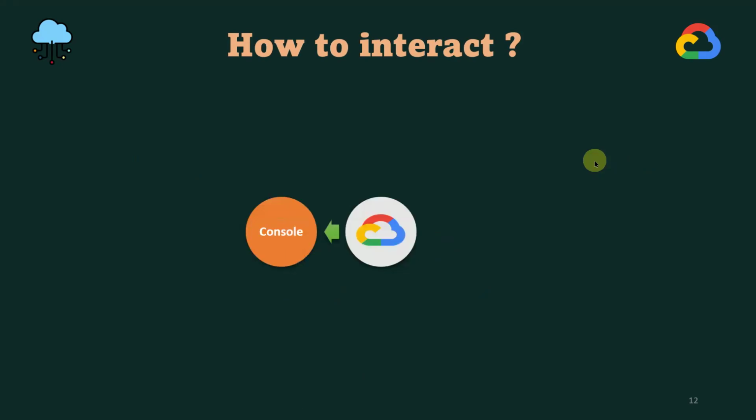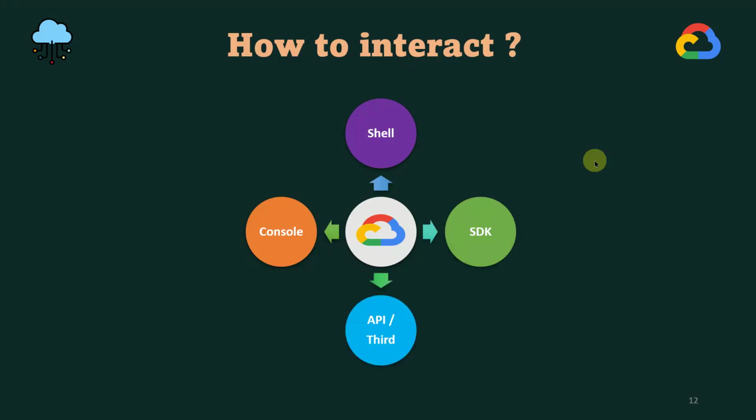The very first thing is console. Second is Cloud Shell. Third is the Cloud SDK. Fourth is APIs and third-party tools.